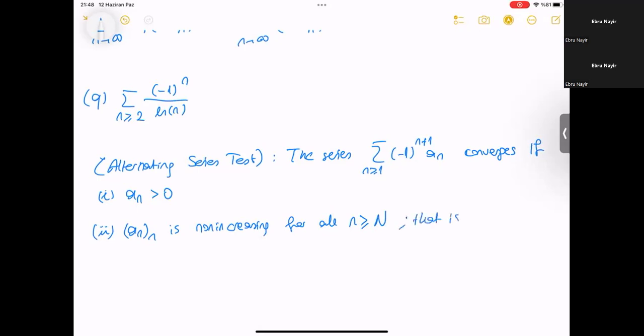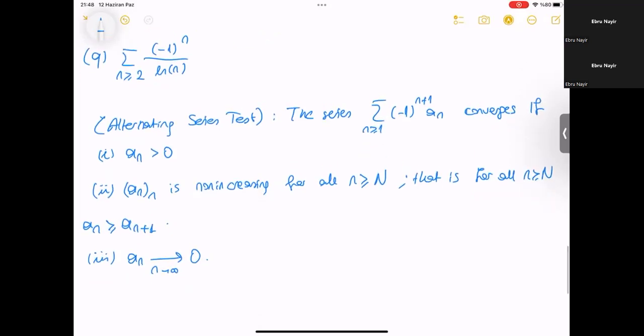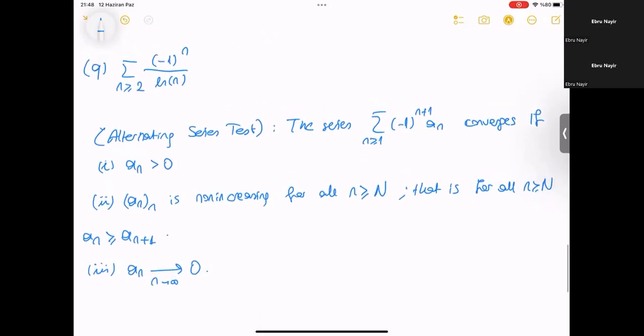That is, for all n greater than uppercase N, a sub n is greater than or equal to a sub n plus 1. And the third condition is that a sub n converges to 0 when n approaches infinity. Now we need to check these 3 conditions to determine if the series converges.